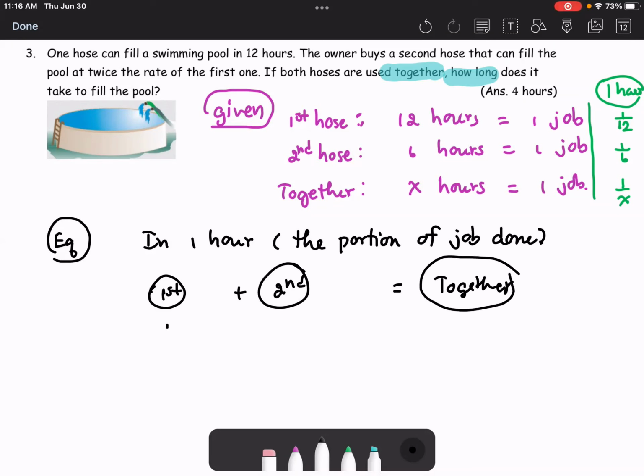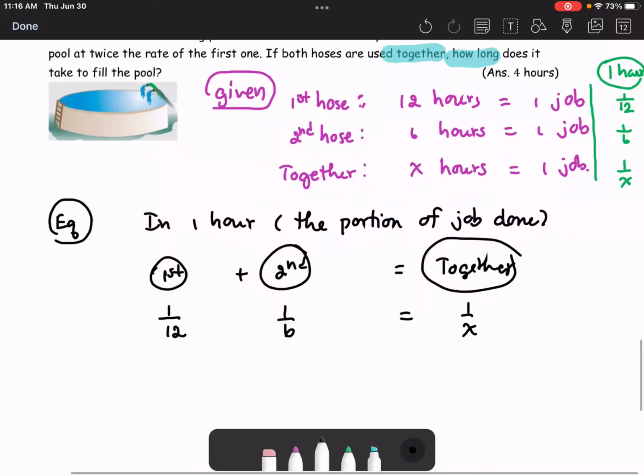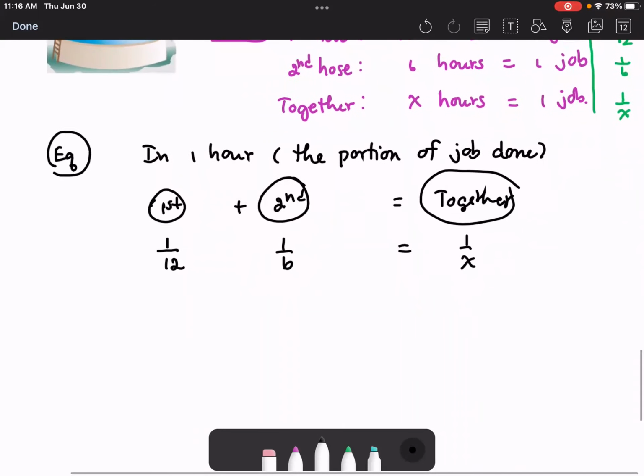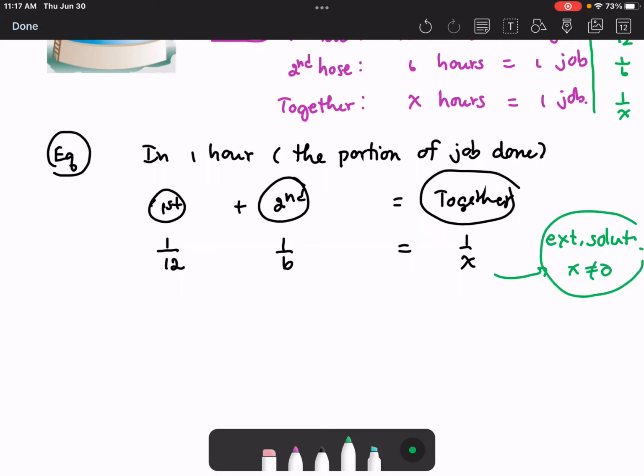The first hose gives us 1/12 of the work done, the second one 1/6, and together 1/x. Now we have the rational equation that represents this problem. The extraneous solution is x equals 0, since x cannot be 0. So we exclude x equals 0 from the solution.